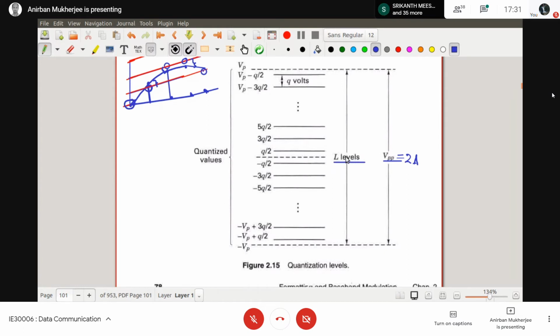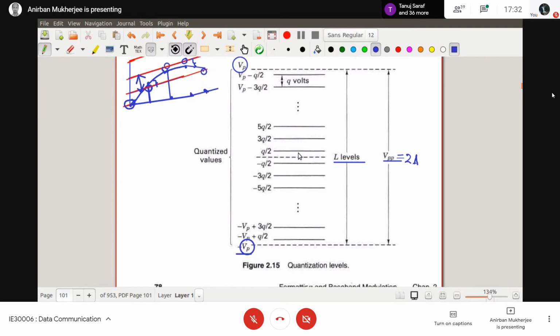L levels means the whole V peak to peak is divided into L levels. This is minus Vp and this is plus Vp. Each quantization level is Q, I am just assuming.